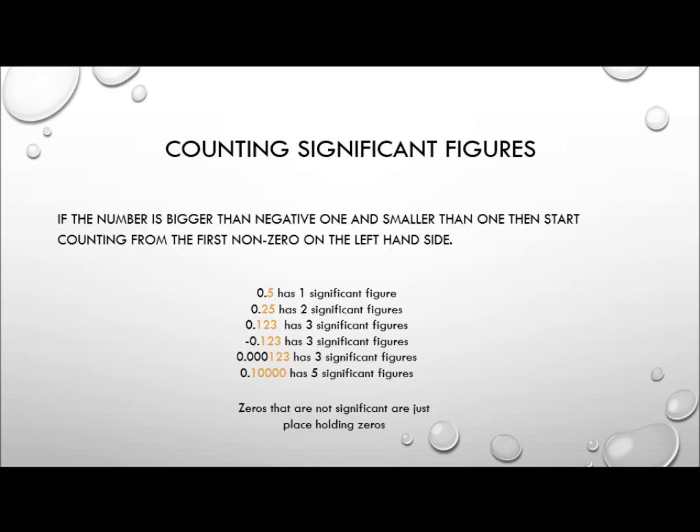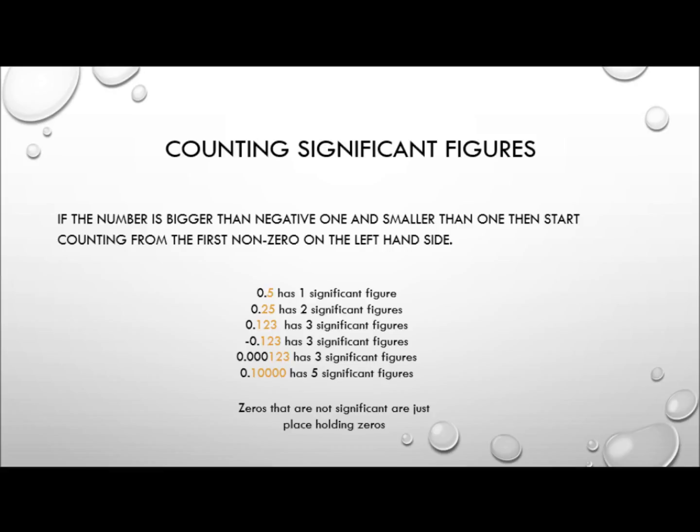In fact, it doesn't matter how many leading zeros you have after the decimal point, you start counting from the first non-zero. However, after the first non-zero, all zeros do count as significant figures.